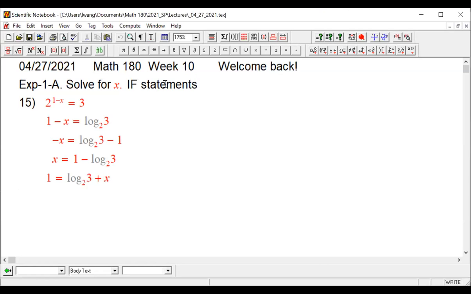On my next step I will have x, and over here it equals, and then I'm subtracting this guy on both sides. Do you see that? And then I just switch the sides.